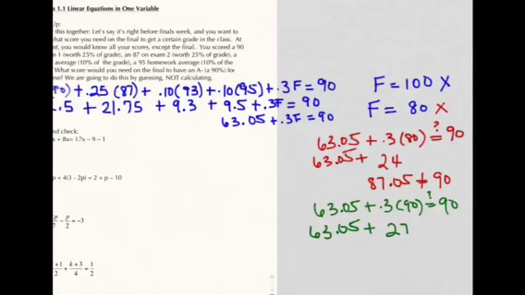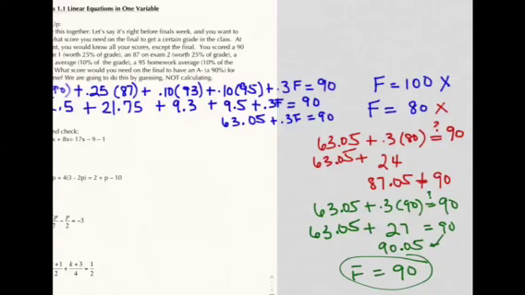You add them together and you will get 63.05 plus 27, which is 90.05. I think if you go any lower, you'll be below 90 and you won't have the A minus. So it looks like you would need to score a grade of 90 on the final in order to be able to have a 90 for the course.